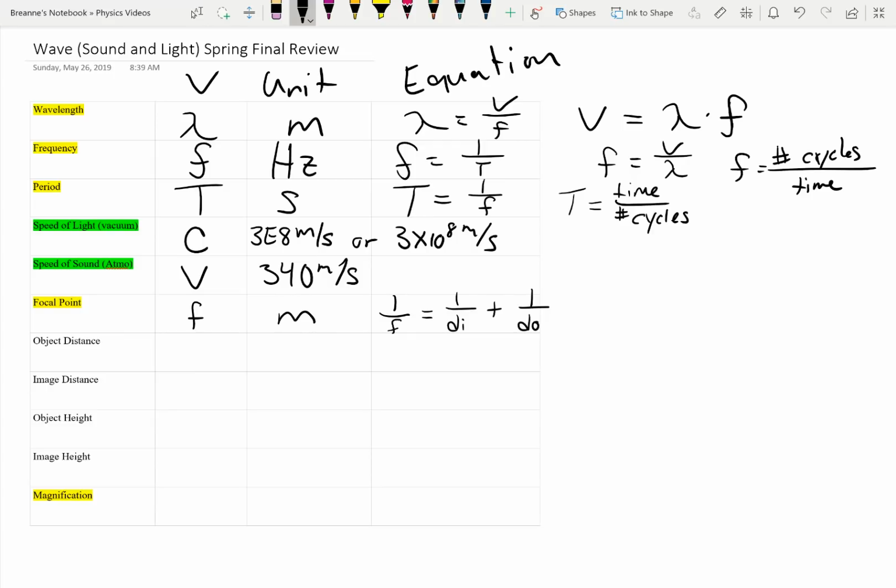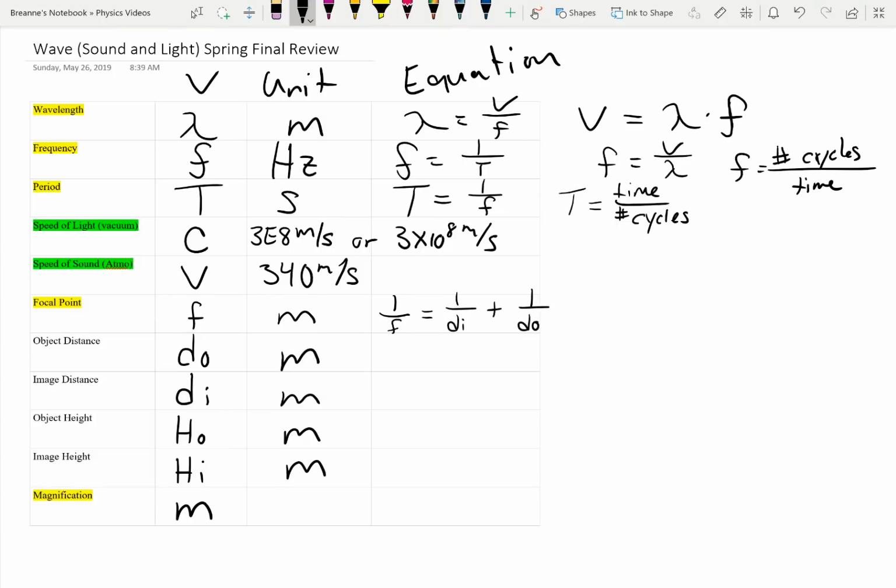Do is your object distance. Object distance is represented with a do, measured in meters. Image distance is represented with a di, measured in meters. Object height is represented with ho, measured in meters. Image height is represented with hi, measured in meters.